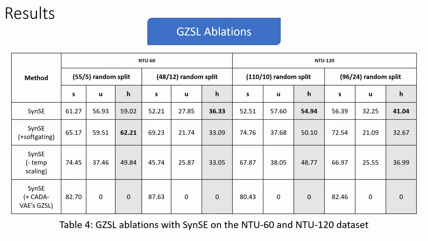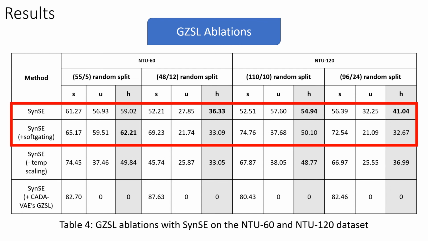We perform ablation experiments within the generalized zero-shot learning setting as well. We first compare the hard gating strategy with the soft gating one proposed by Atzmon et al. Next, we train the gating module with temperature scaling the input probabilities. And finally, we compare with the traditional method for generalized zero-shot learning, that is, without the gating module present.